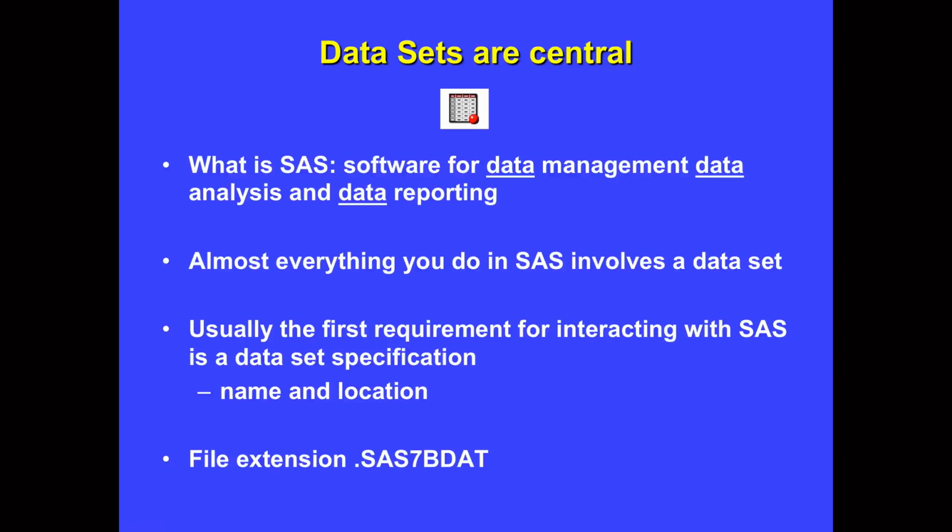SAS is a software for data management, analysis, and reporting, and usually the first requirement that you will be faced with when you're interacting with SAS is that you're going to have to tell SAS where the data are located. You'll need to give SAS some sort of name and location for a SAS data set, and the SAS data set that you're specifying will have a file extension like this, .sas7bdat.